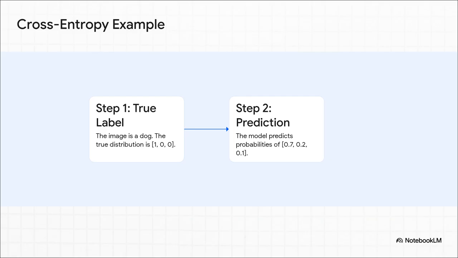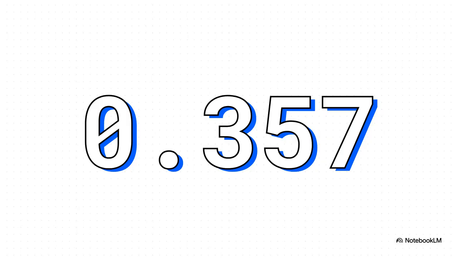Okay, let's make this real. Imagine the model's job is to look at a picture and decide if it's a dog, a cat, or a bird. The real answer is dog. The model looks at the picture and says, I'm about 70% sure it's a dog, maybe 20% a cat, and 10% a bird. That's pretty good. So, because the model was on the right track and pretty sure about it, its cross-entropy loss score, that penalty, is really, really low.